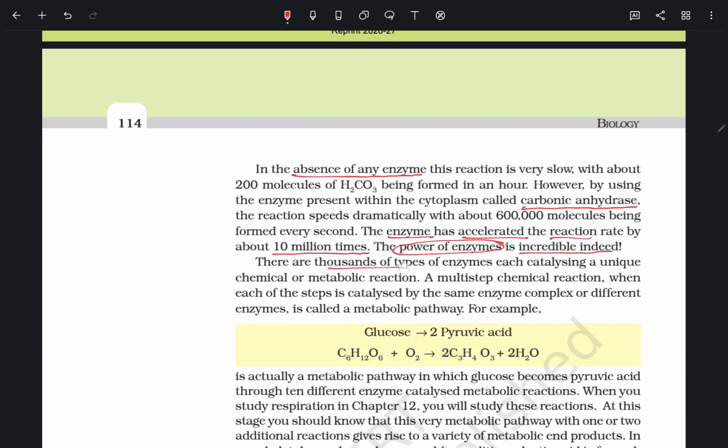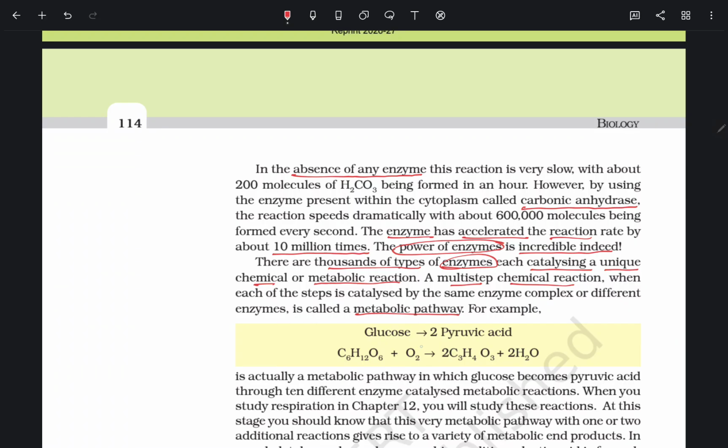There are thousands of types of enzymes, each catalyzing a unique chemical or metabolic reaction. A multi-step chemical reaction, when each of the steps is catalyzed by the same enzyme complex or different enzymes, is called a metabolic pathway.